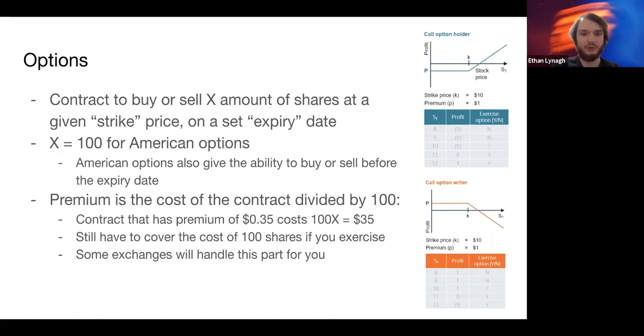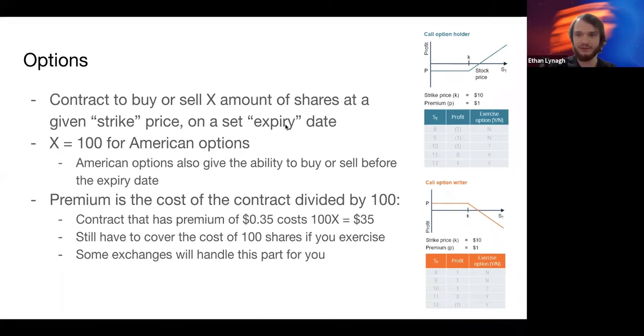And if you wanted to buy or sell the shares that are represented by that contract, you would still have to pay that strike price that's attached to the option. When you're trading these, sometimes the exchanges will handle the exercising or selling for you. But that's a pretty broad overview of how options work, and later in the series, I'll go more into detail on how these work.